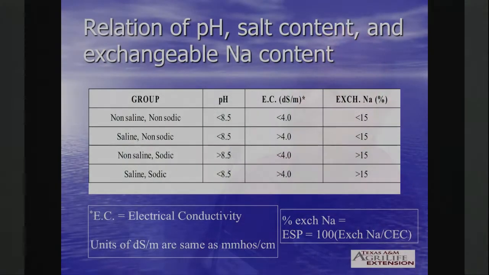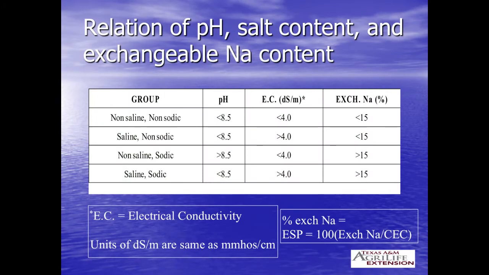If you're saline, then the conductivity goes up, so you're greater than 4. If you're sodic, the salinity doesn't necessarily go up, so you're less than 4 if it's non-saline but sodic, but your exchangeable sodium percentage goes up to over 15%, and the pH will go up over 8.4 or 8.5.